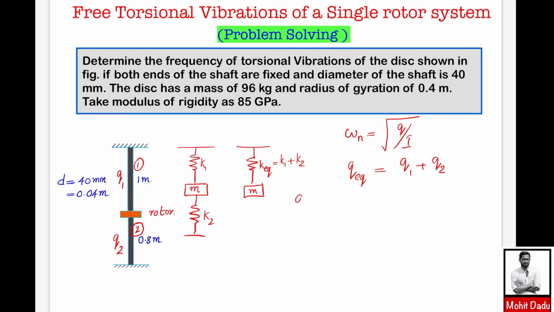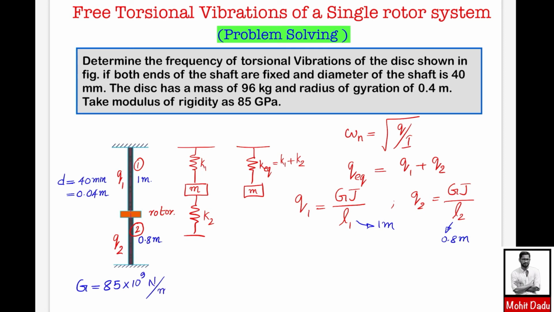So you can find q1 using the equation q is equal to GJ by L. G is the same, J is also the same, divided by L which is different, so this L1. In a similar way, you can find q2, which is equal to G into J divided by L2. Only the values of L1 and L2 are different. L1 is 1 meter and L2 is 0.8 meter. You can take the value of G as 85 gigapascals, so this is 85 into 10 raised to 9 Newton per meter square.